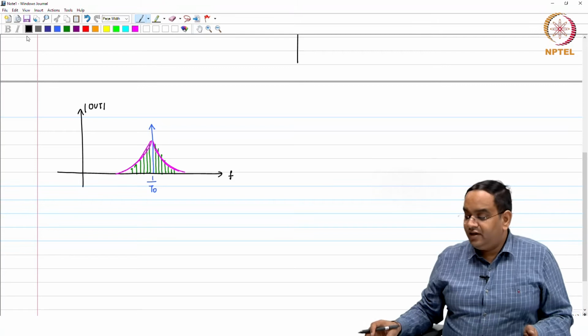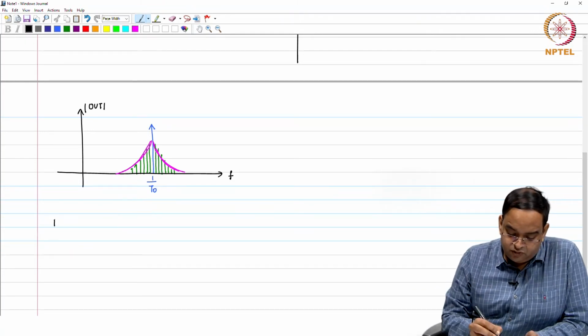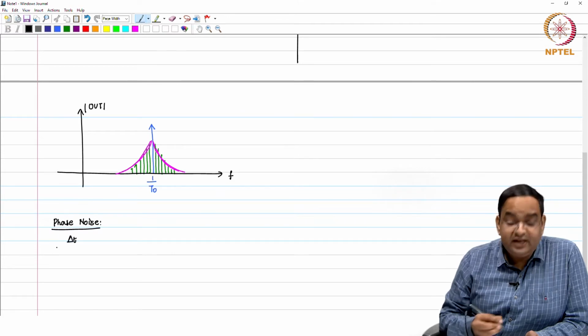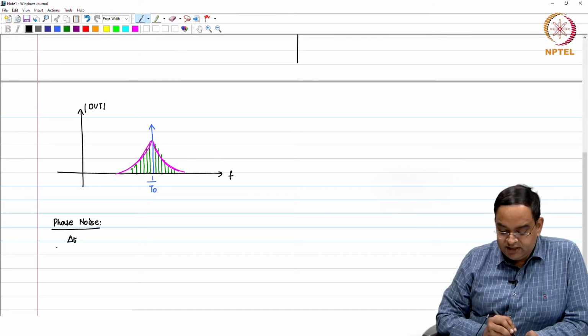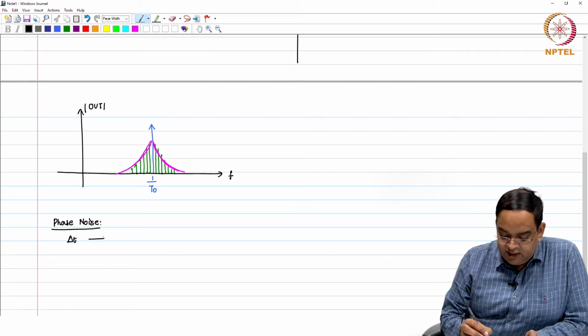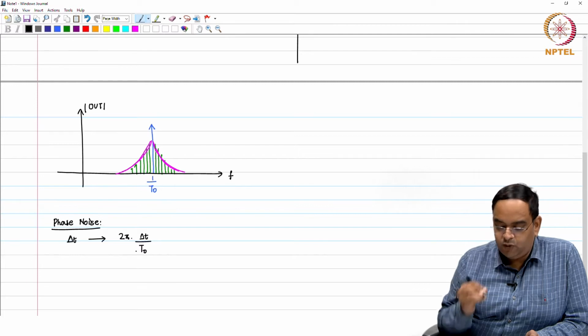Then there is another term which is defined as phase noise. So, what is this phase noise? We understand that delta t, the variation in the rising edge or clock transition, leads to phase error as defined by us earlier, which is delta t by T_out.